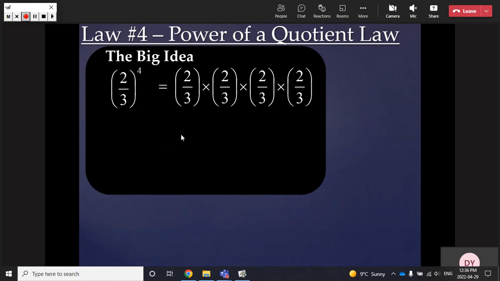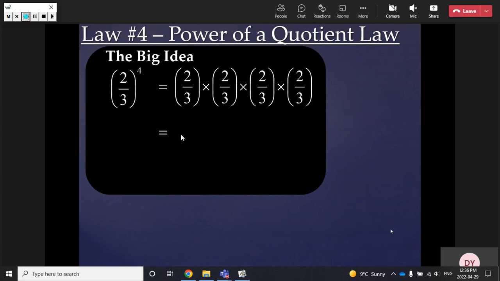Back at the beginning of this course, we learned that multiplying fractions requires numerator times numerator, and then denominator times denominator, which is totally right. In this scenario, we're going to go numerator times numerator times numerator times numerator. We multiply all the numerators together, likewise all the denominators, 3 times 3 times 3 times 3.